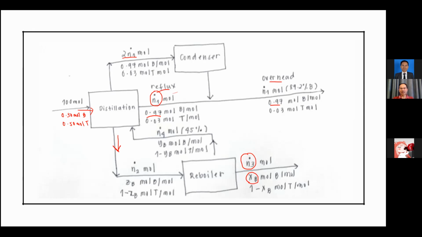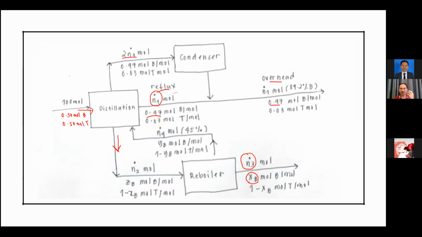And also the composition of the overhead product. The reflux means recycle. We recycle some part of the product into the column. And also in the reboiler, we recycle the liquid or vapor from the reboiler to the distillation. We have some recycle. This is a common distillation operation.